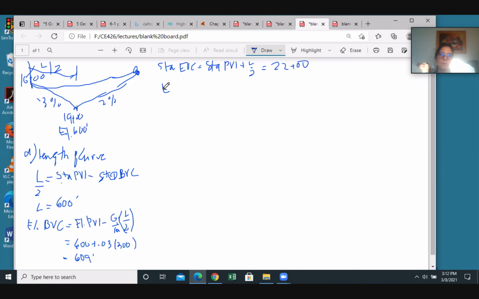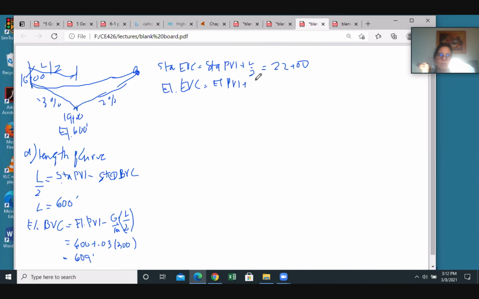Then the elevation of the EVC is the elevation of the PVI plus G2 over 100 times L over 2.